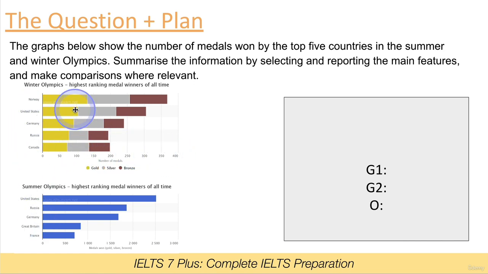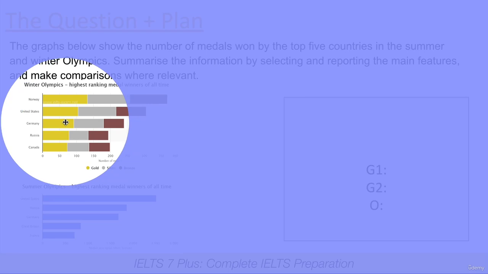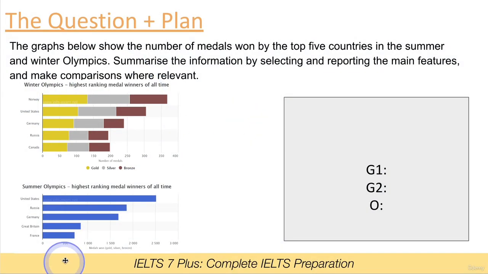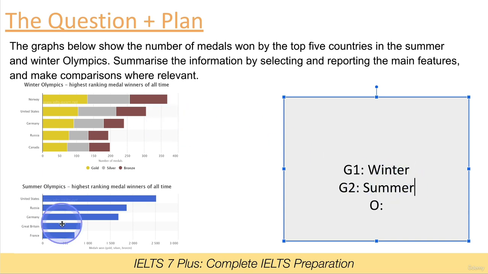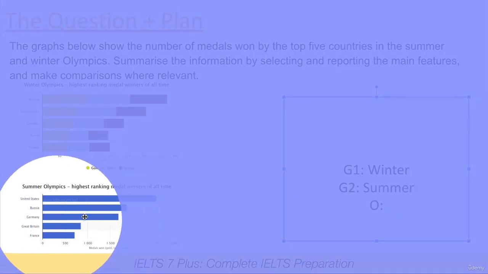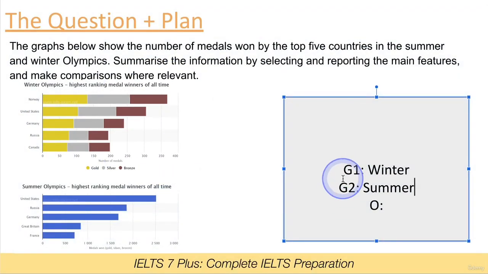If there was just one bar chart, we could talk about either the countries or the amount of medals, or maybe gold and silver and bronze. We could use those for groups. In this situation, as there are 2 bar charts and they've got different values, to make our lives as simple as possible, we want to just talk about the Winter Olympics and the Summer in 2 different groups, and then we'll make comparisons where relevant, but essentially they are quite different pieces of information, so we'll give them their own group.